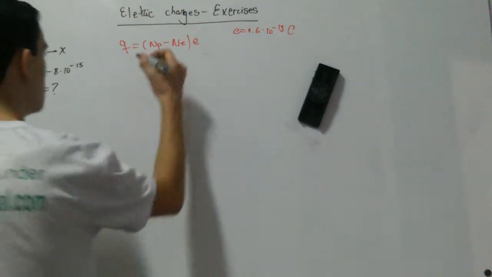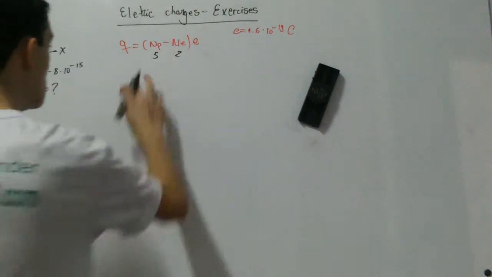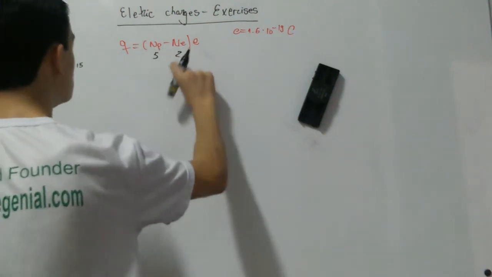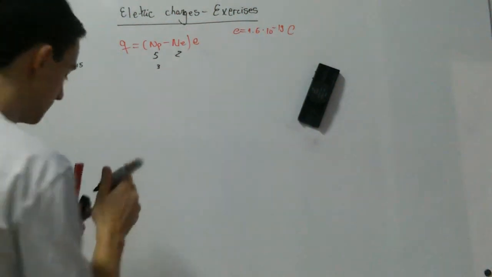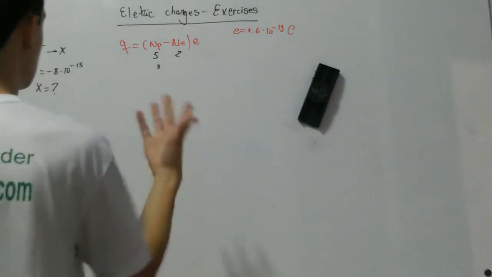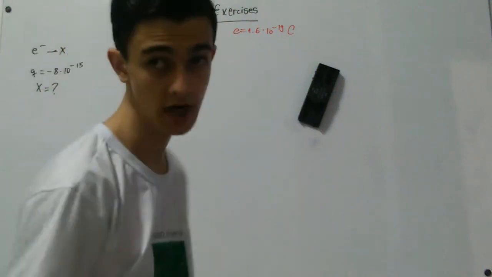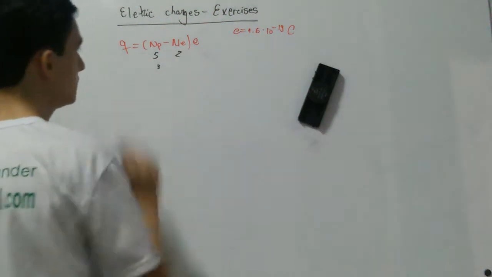For example, imagine you have 5 protons and 2 electrons. So this operation, the number of protons minus the number of electrons, is going to be 3. It's going to be positive. And we know that we have more positive charges than negative charges, so it's going to be a positive charge.